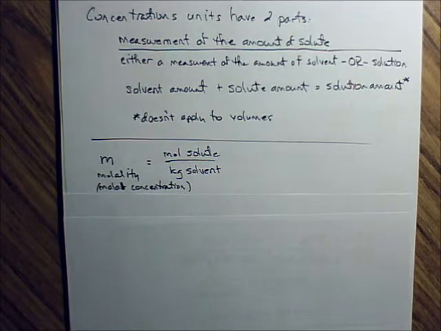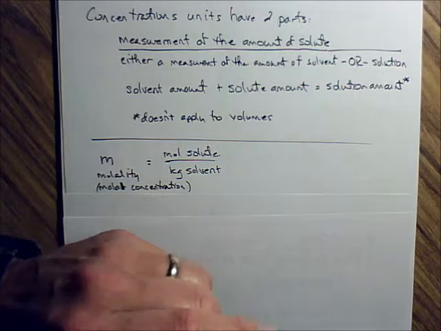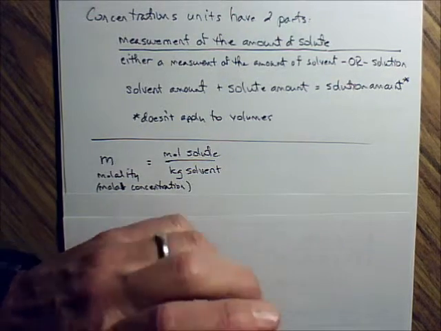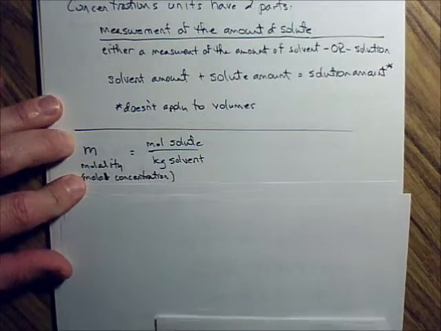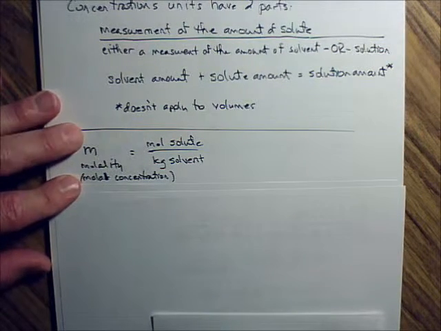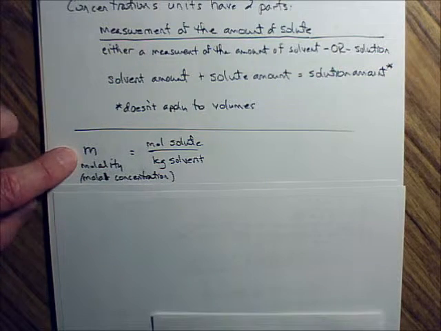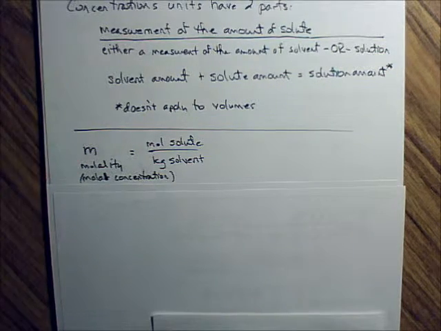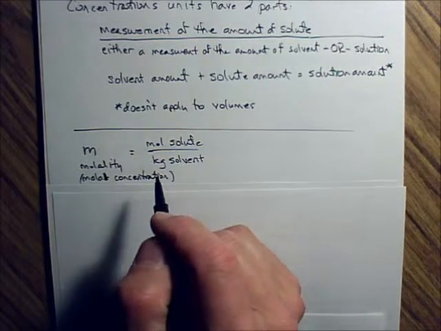All right. So molality is one of our concentration units. Little m is the symbol we use for molality. It actually is both the dimension variable and the unit of measurement.